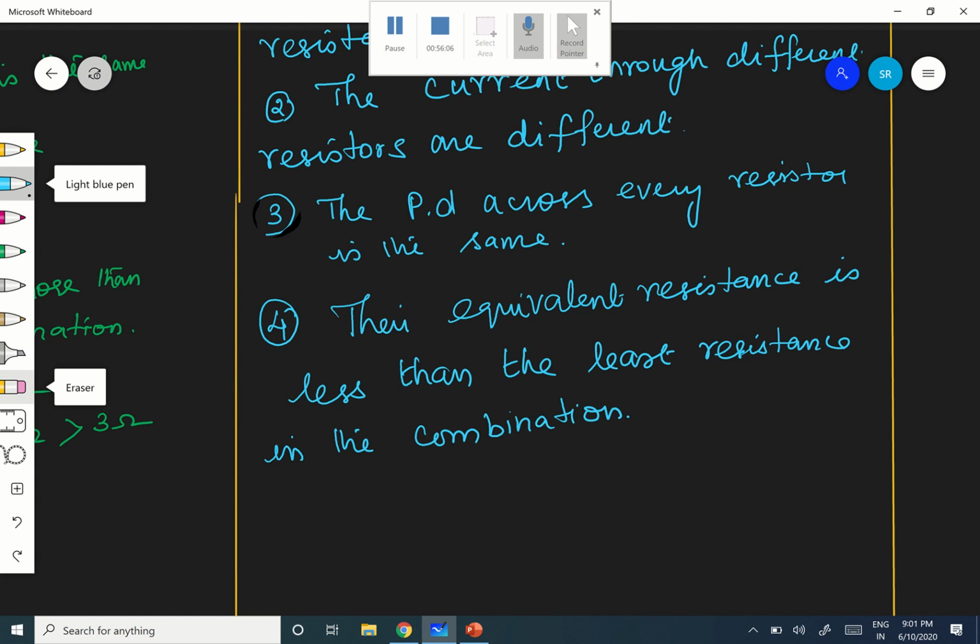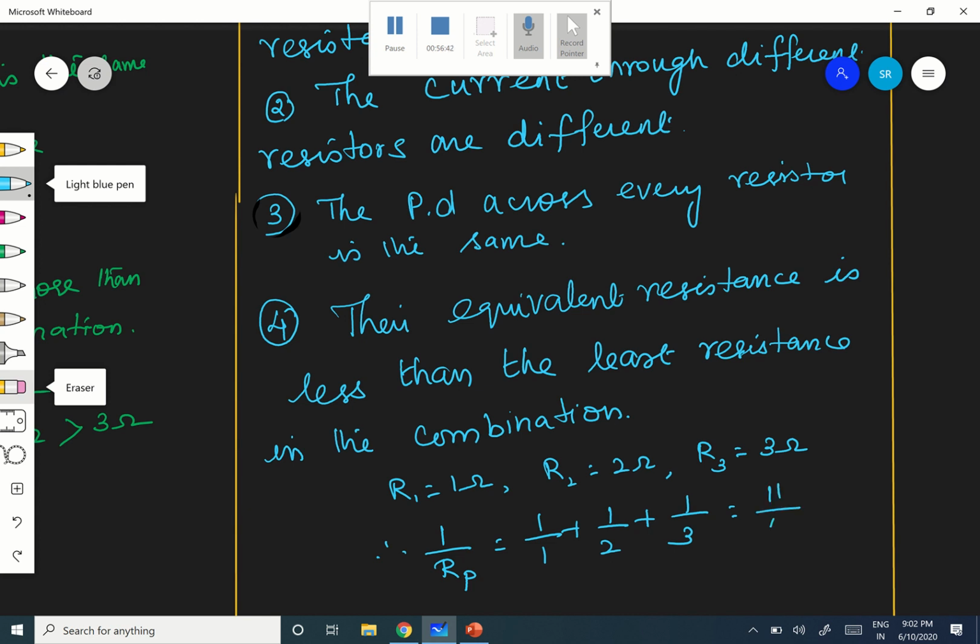Now how? Say R1 is 1 ohm, R2 is 2 ohm, R3 is 3 ohm. Therefore, what is the equivalent resistance? 1 by RP is equal to 1 by 1 plus 1 by 2 plus 1 by 3, which is 11 by 6, correct?